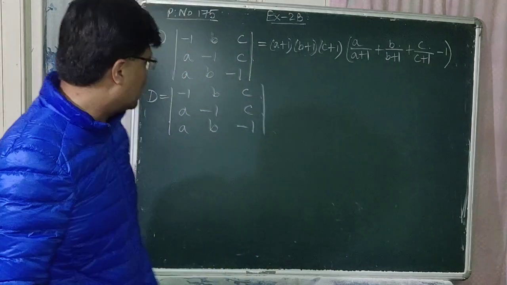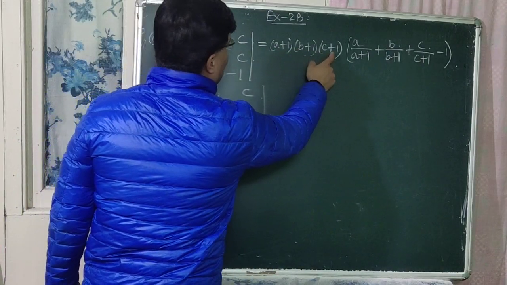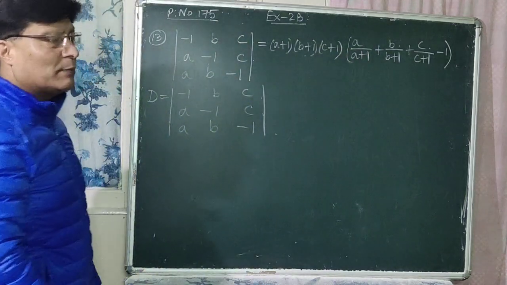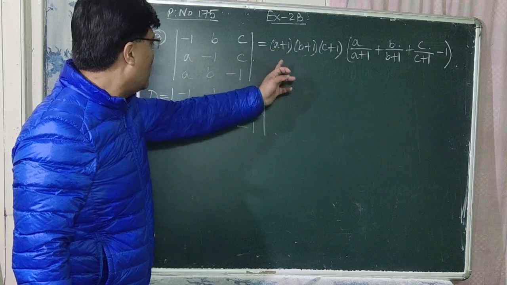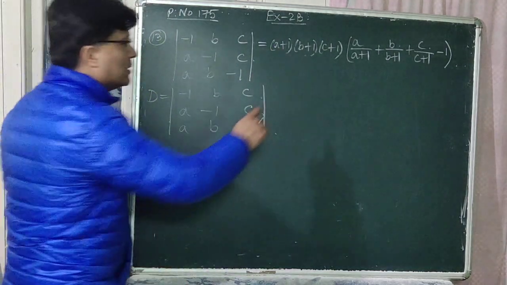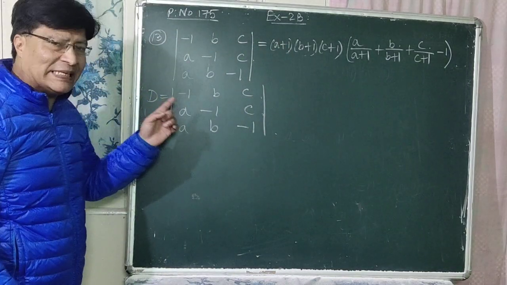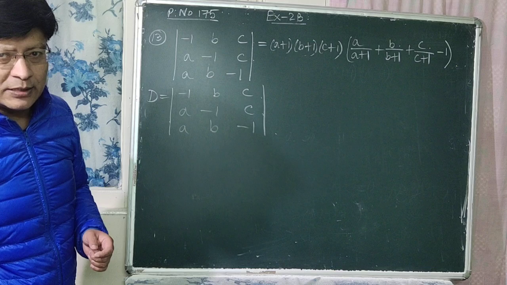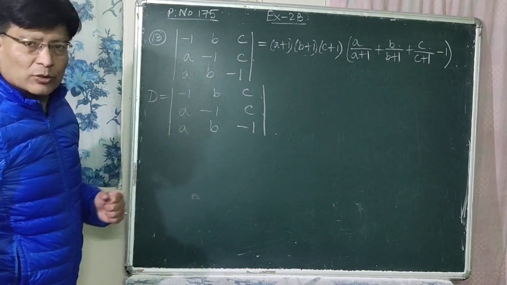You have to get this result, right? You have to get A plus 1, B plus 1, C plus 1 into A upon A plus 1 plus B upon B plus 1 plus C upon C plus 1. So how can you get this A plus 1? By using the property in this particular determinant. Okay, so now let us do the problem.